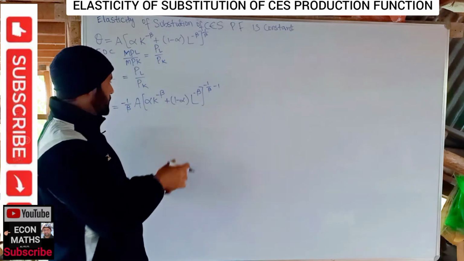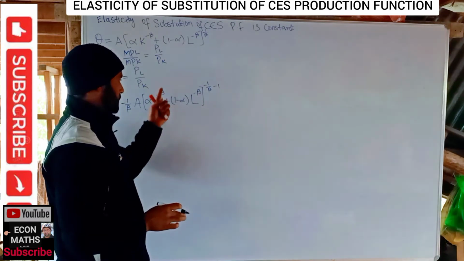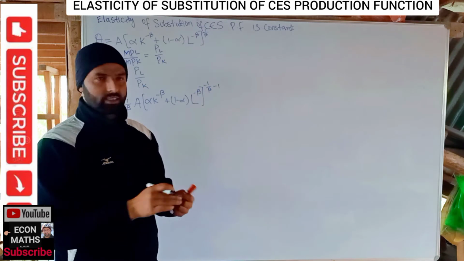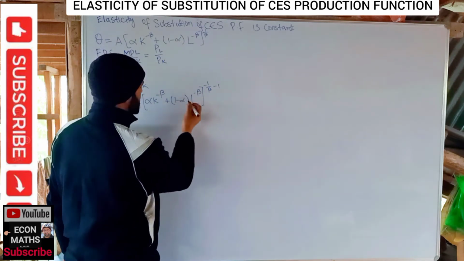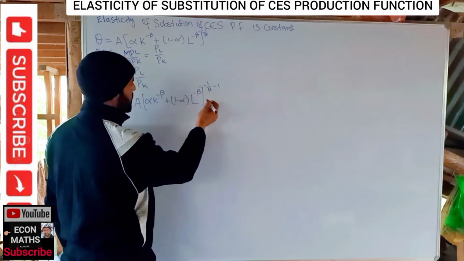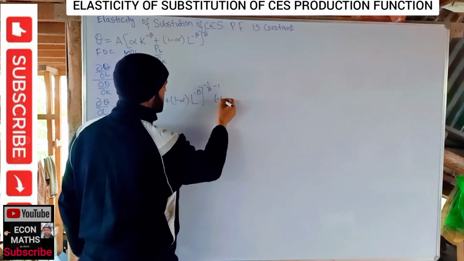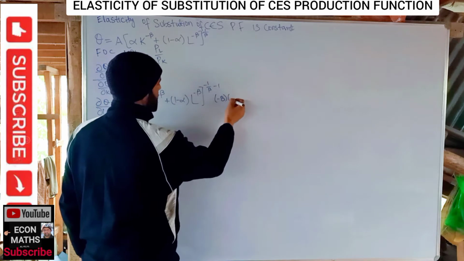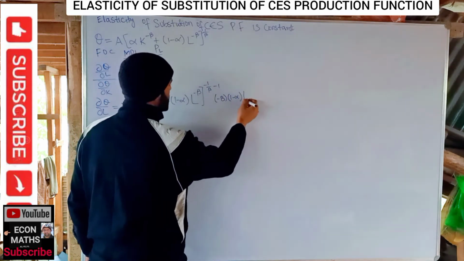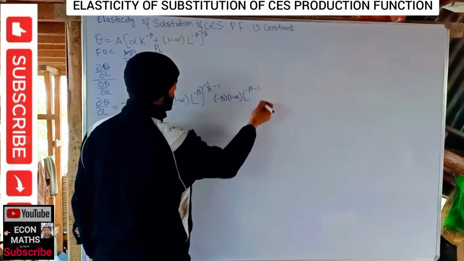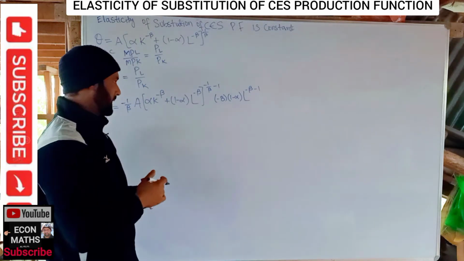And we have to internally differentiate this also, as I have shown in earlier videos. The derivative of L^(-β): similarly this -β will become the coefficient, so I will write -β, and we have (1-α) L^(-β-1). So this is how we do the differentiation.